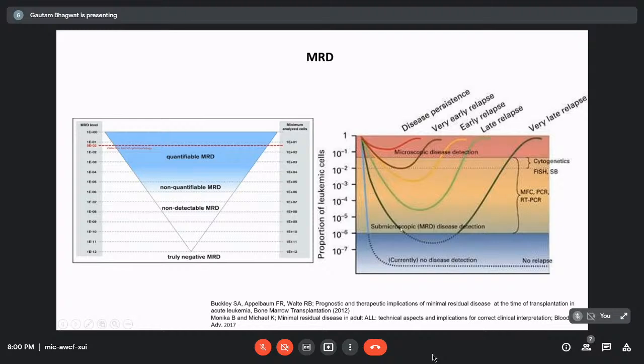Even if you have disease in this submicroscopic range, that is 10 to the power minus 2 to 10 to the power minus 6, which is detected by various modalities, flow cytometric being one of the most important, the relapse is very, very late. In some instances, the patient might not relapse, or the time period between the remission and relapse is too large. The patient gets a good quality life for many years. But if the microscopic disease is present, at the MRD level of 10 to the power minus 1 or minus 2, you would get early relapses.